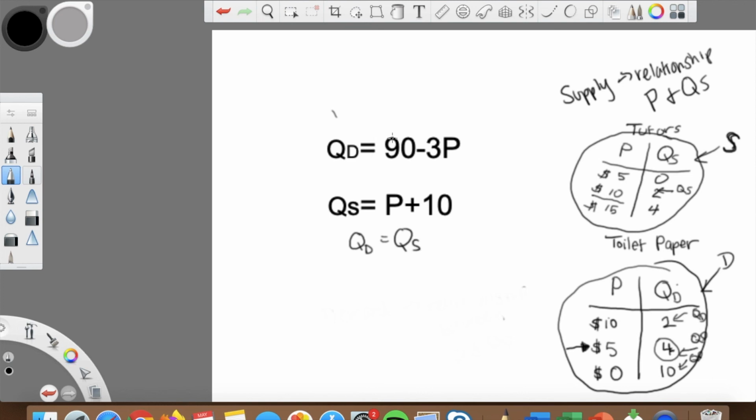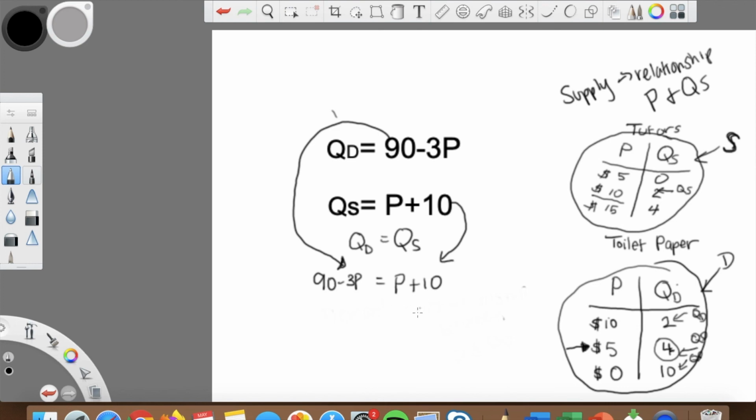I'm just going to plug in 90 minus 3P for QD on this side of the equal sign, and on this side, I'm going to put my equation for QS, P plus 10. Now that I've set these two equal to each other, I can rearrange the equation and solve for P. Whatever I get for P is going to be my equilibrium price.